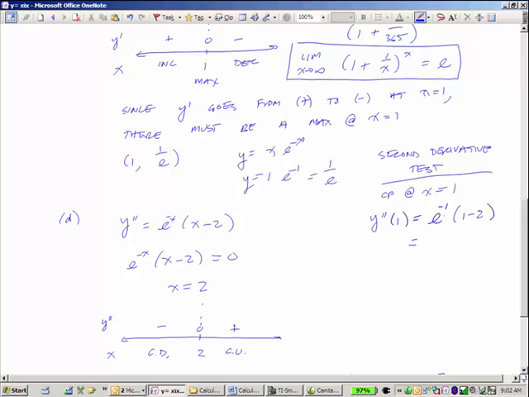E to the negative 1 is positive. 1 minus 2 is negative, so positive times a negative. So this tells me that the critical point, if I plug it into the second derivative, would be negative. What does a negative second derivative tell us about the function? Concave down. If it's concave down at the critical point, it has to be a maximum.